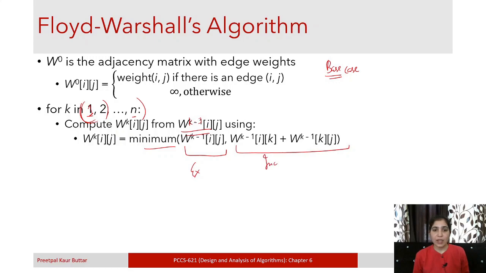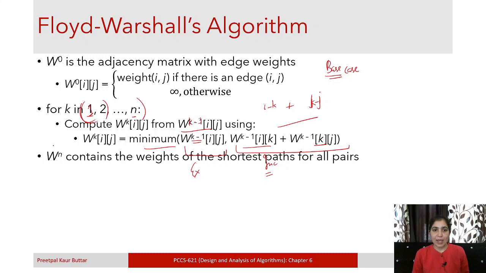When you exclude k, you simply copy the k minus 1 iteration solution for i and j. When you include k, you copy the solution from the k minus 1 iteration for i to k plus the solution for k to j. This is the same thing we discussed in the previous slide. So this is the simple Floyd-Warshall algorithm.